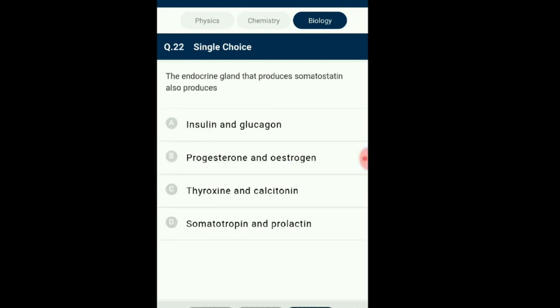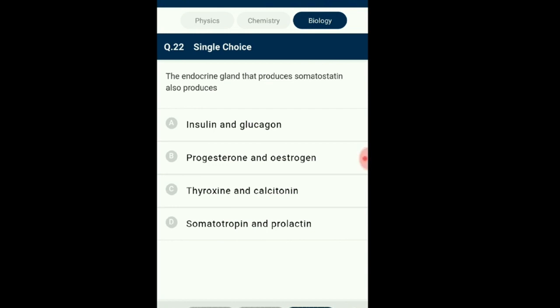Question number 22. The endocrine gland that produces somatostatin also produces. Progesterone and estrogen are secreted by ovaries and play a major role in the development of the female reproductive system. Thyroxine and calcitonin are secreted by the thyroid gland. Thyroxine plays an important role in the regulation of various organs of the body, whereas calcitonin plays a major role in blood calcium level regulation.